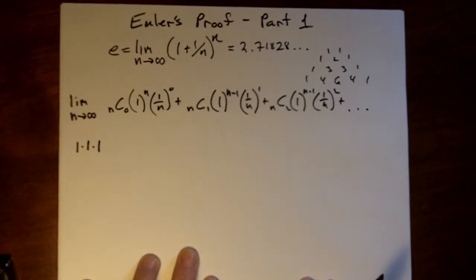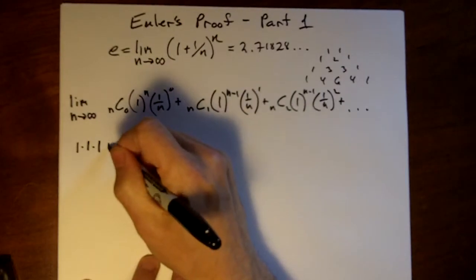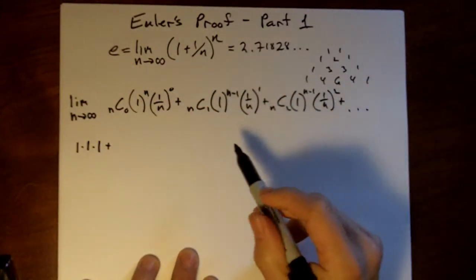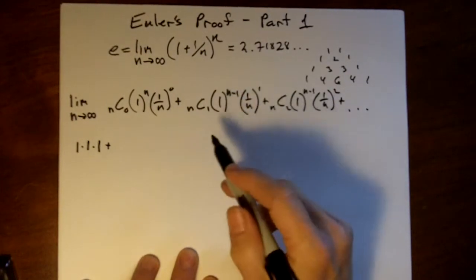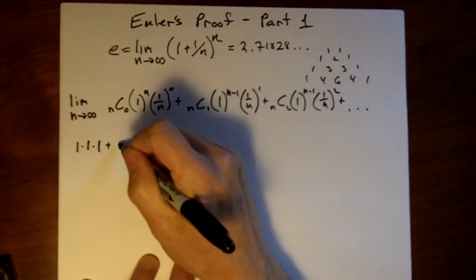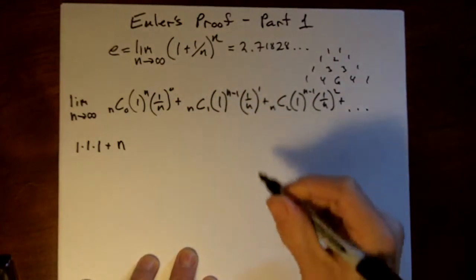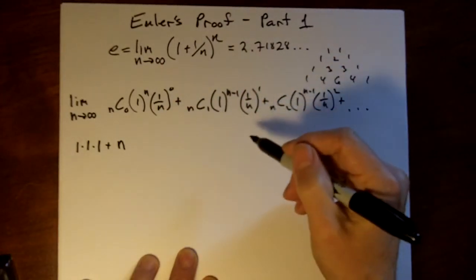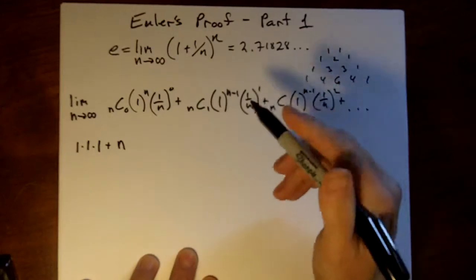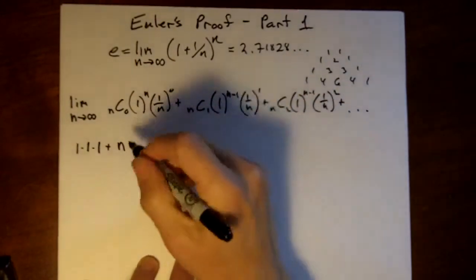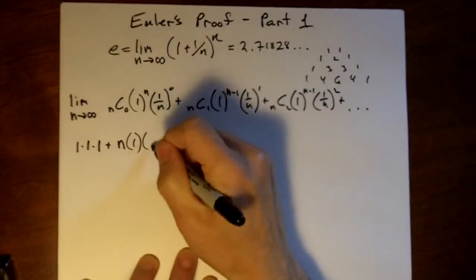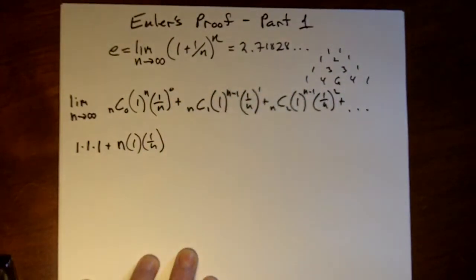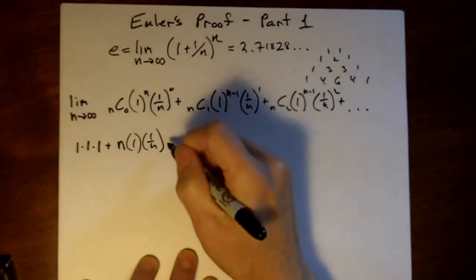So our first term looks like 1 times 1 times 1. It's not going to stay quite that simple, but not bad. nC1, that's the combination of n things choose 1, so there's n possibilities there. 1 to the n minus 1 is still 1, so I'm not even going to bother to write that. And then (1/n) to the 1 is 1/n. Okay, let's keep going.